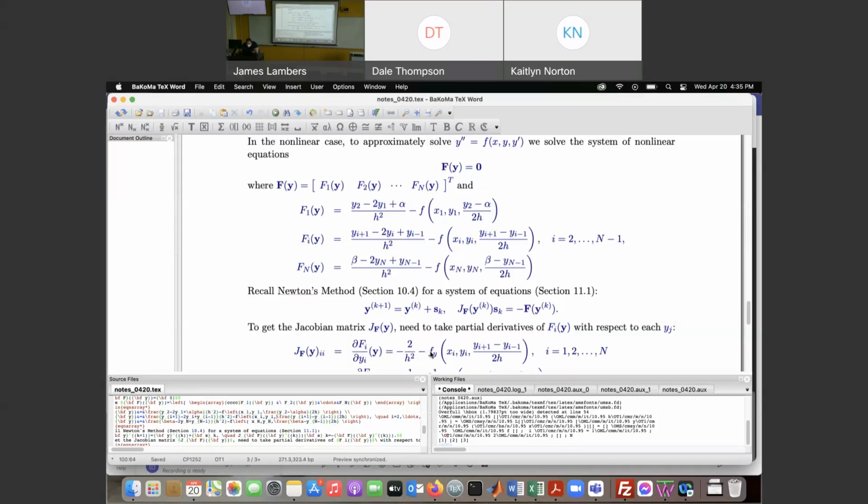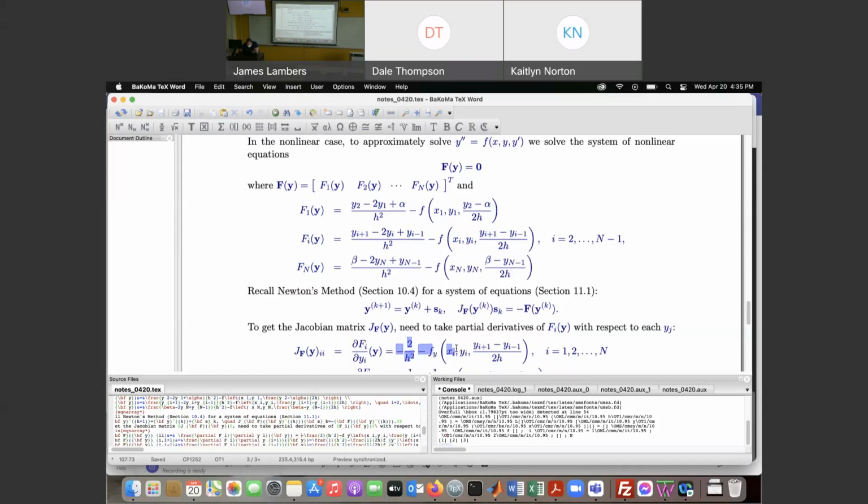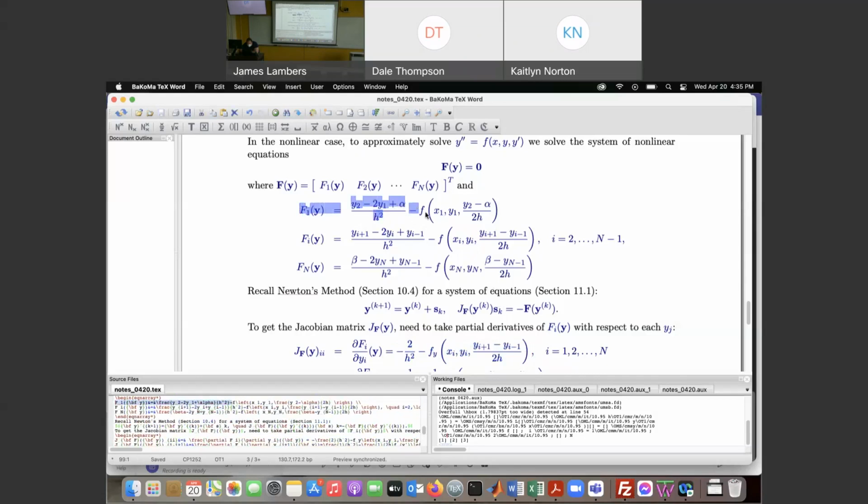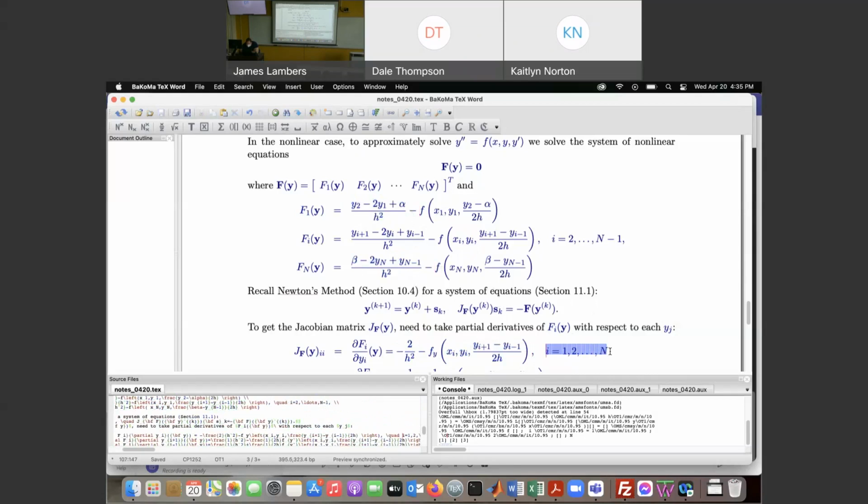So I have derivative of f with respect to y times the derivative of this with respect to y_i, and that's going to be 1. So these are my diagonal entries of my Jacobian. And I do the same thing for this case. I take a derivative of this with respect to y_1, or this with respect to y_n. I'll end up getting the same thing. So this applies for all i, going from 1 to n.